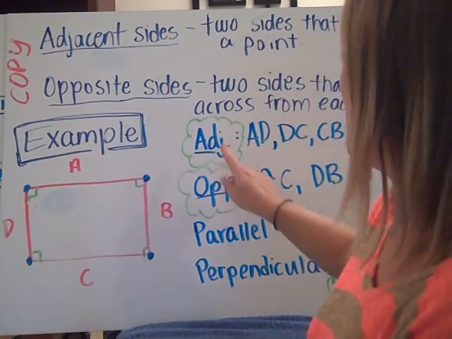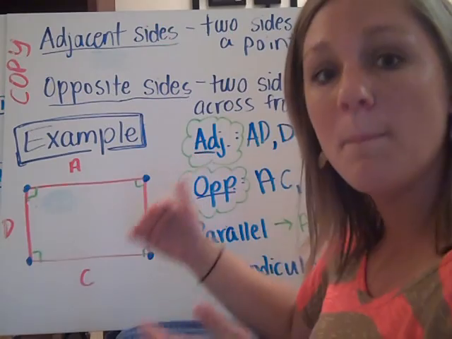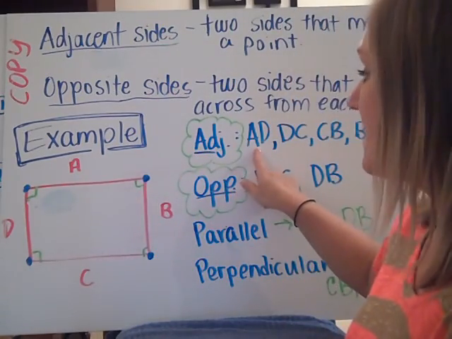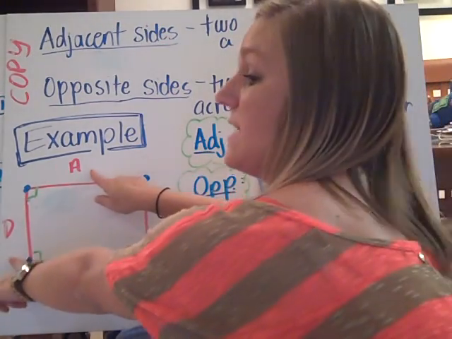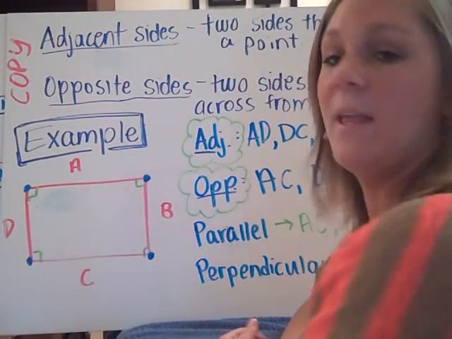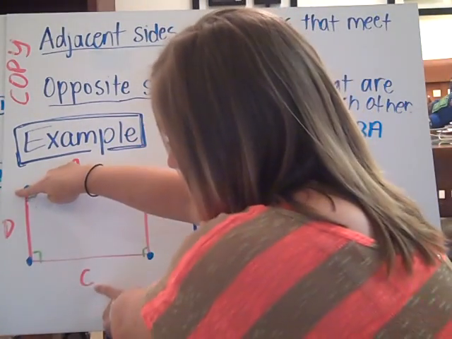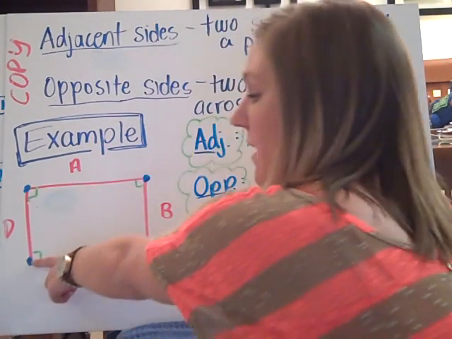All right, so adjacent sides here, remember, it's where two different sides are going to meet at a point. So let's look at side A and D. If you follow the sides across, they meet at that point there. D and C, same thing. You take these two sides and they meet right there.